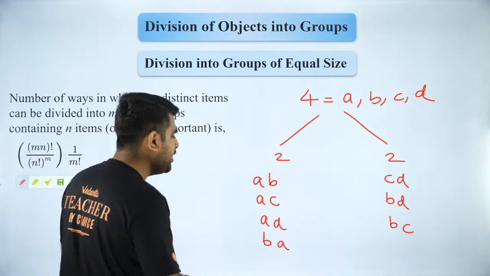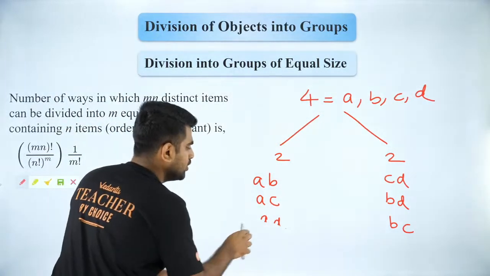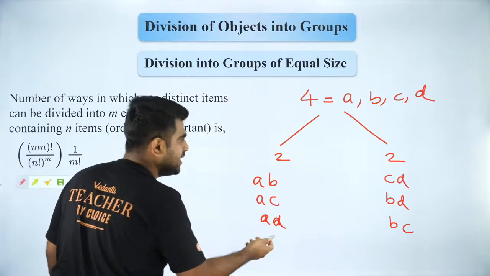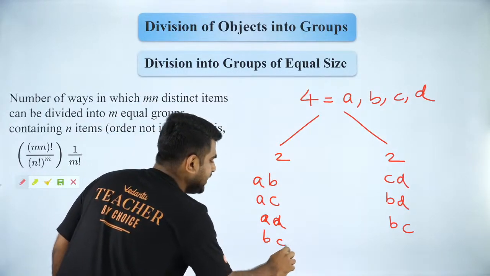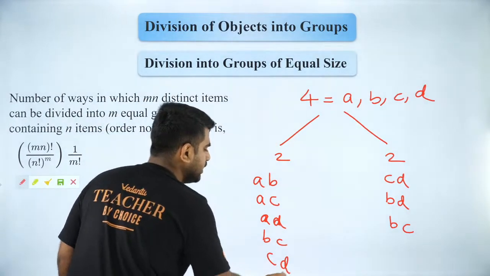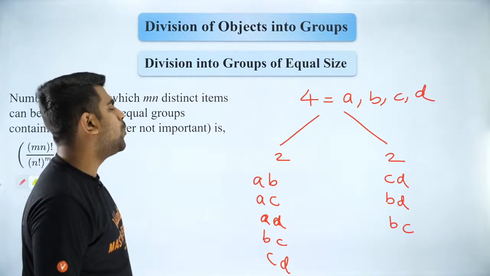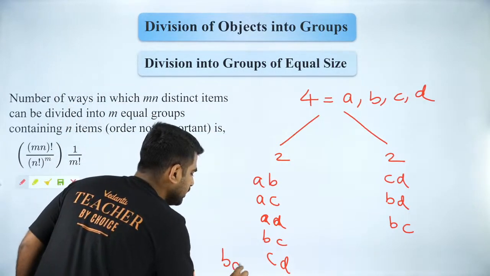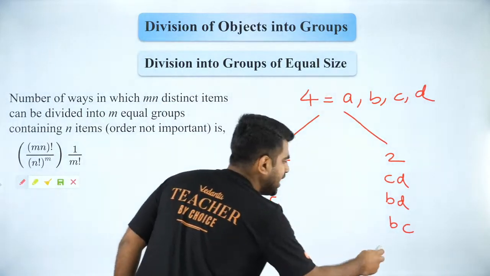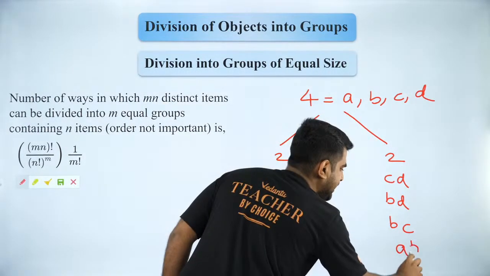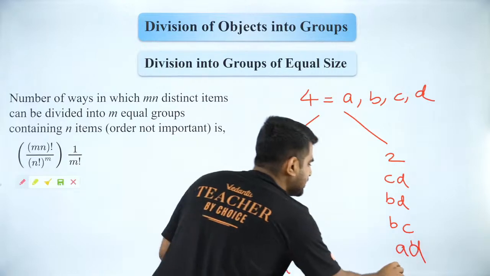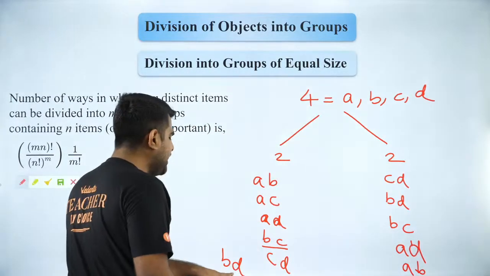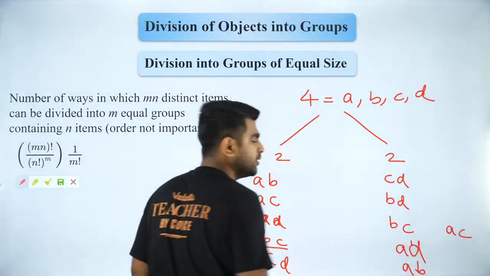Or can I have CD over here? So AB, AC, AD is done. So then you'll have BC, then you'll have CD. Then what other possibility is left out? Then you'll have BD. Then when you have BC here, there you'll have AD. When you have CD here, there you'll have AB. When you have BD here, you will have AC over here.